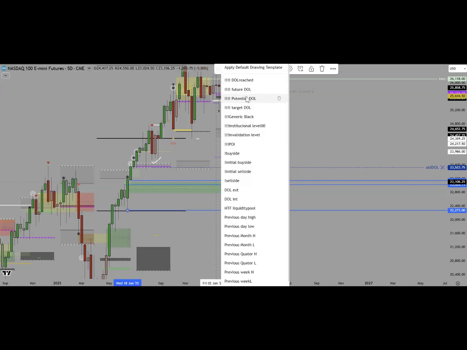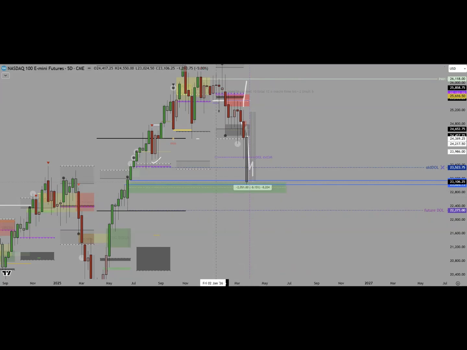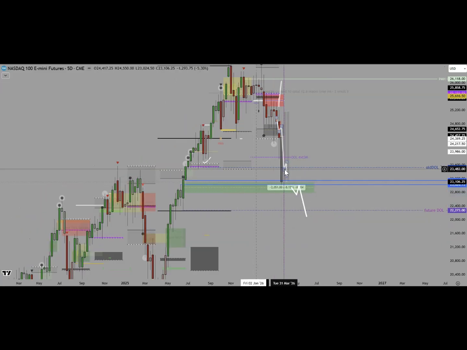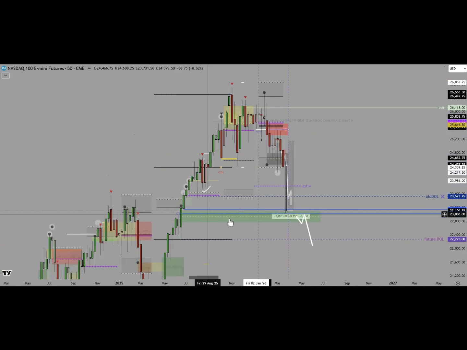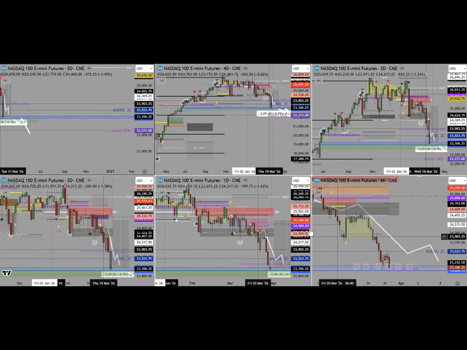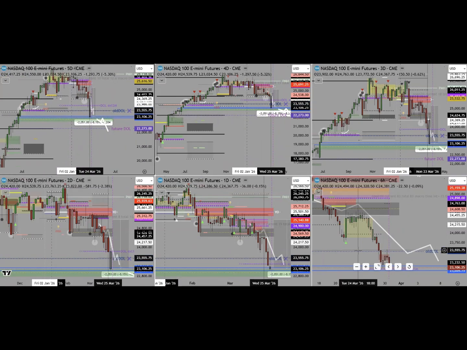So this will be the next draw on liquidity for me, but we need to show some kind of swing high formation or respect with the bodies to continue going lower. Yes, this is my projection for the Nasdaq.